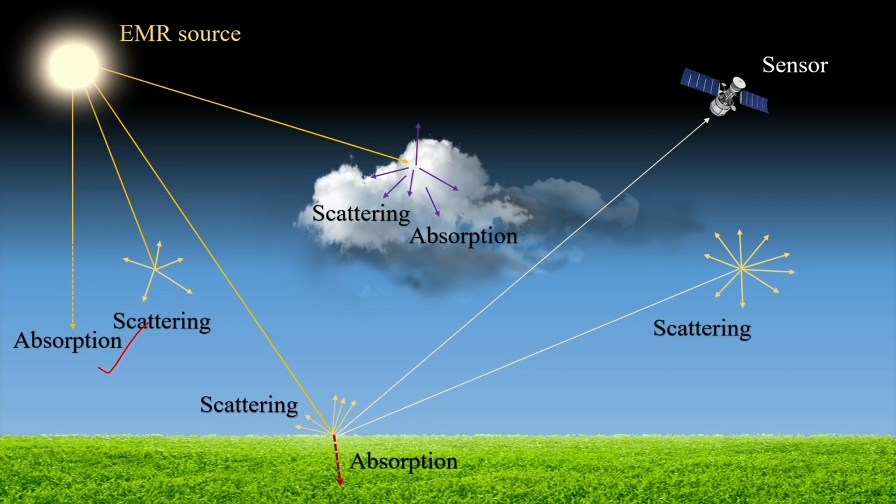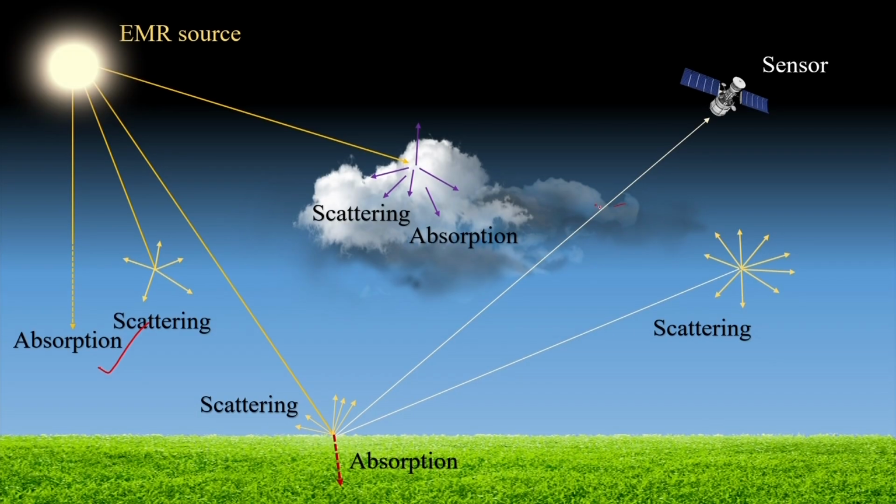Some of the energy will reach our surface. And at the surface, do you remember the interaction between energy and matter? Some amount of energy will get reflected, emitted, transmitted, absorbed, right? The resultant reflected or emitted energy will reach our sensor after facing these scattering and absorption phenomena.